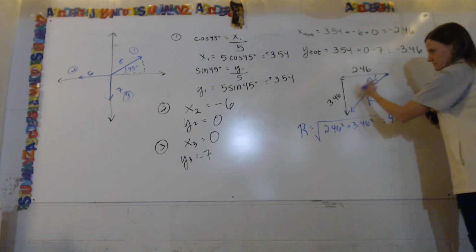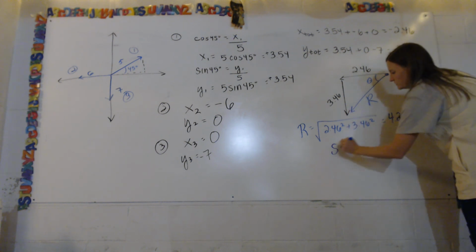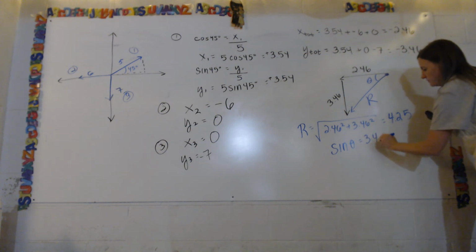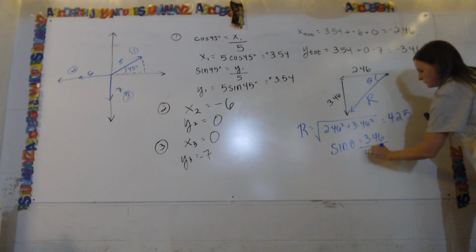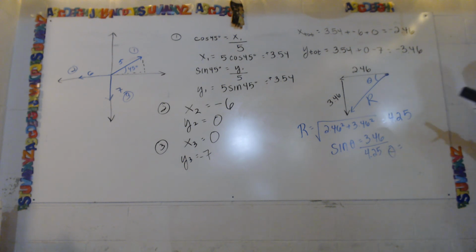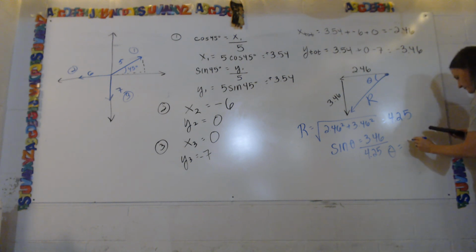And theta, again, choose your trigonometric function that you want. I would say the sine of theta is equal to opposite 3.46 divided by the hypotenuse, 4.25. I'm going to take the inverse sine of both sides. And so that gives me an angle approximately, oh my gosh, this calculator, 54.5 degrees.